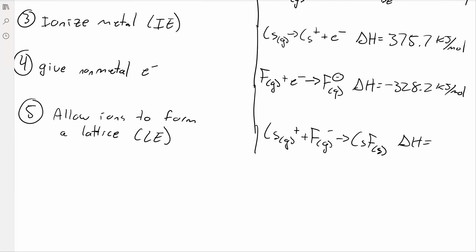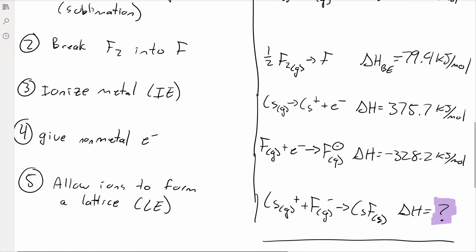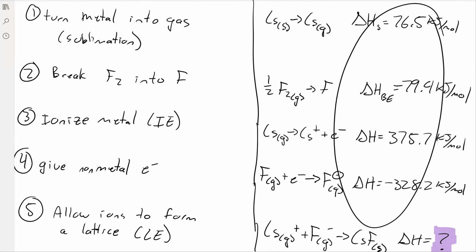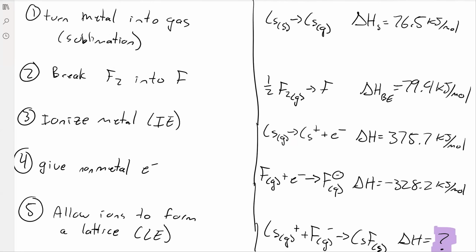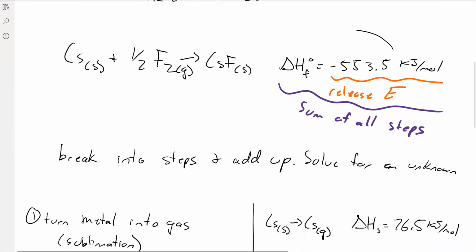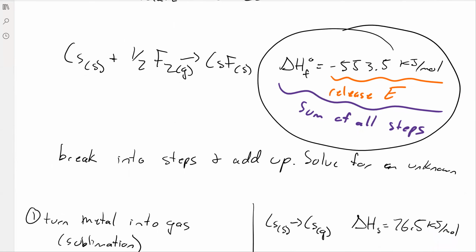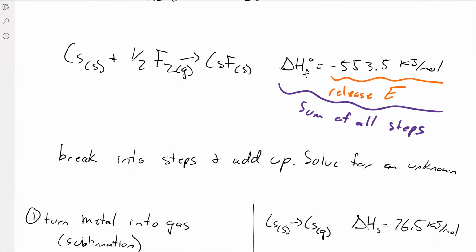And this delta H is our question mark, right? We're not quite sure what this is. That's the whole point of this Born-Haber cycle, to figure out what this lattice energy is. All the other steps, we can calculate these values or find them experimentally through other means. The lattice energy is much more difficult to do. And then the last value we know is the sum of all the steps, right? We can do this reaction and measure how much energy it releases.